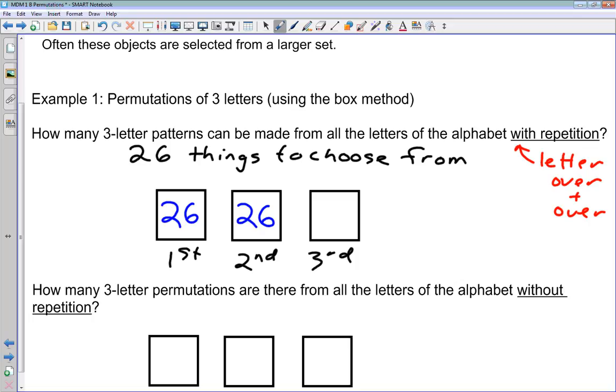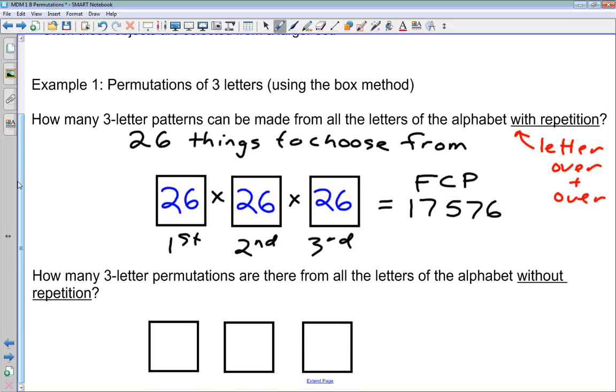And for the third space in our pattern, again, we have another 26 choices. So the total number of choices is going to be 26 times 26 times 26, based on the fundamental counting principle that we talked about last time. If we multiply this out, we get 17,576 different patterns we can make by choosing three letters.